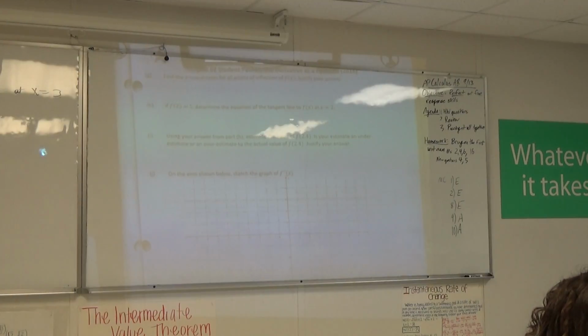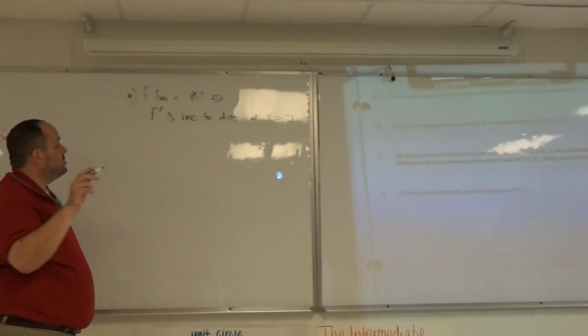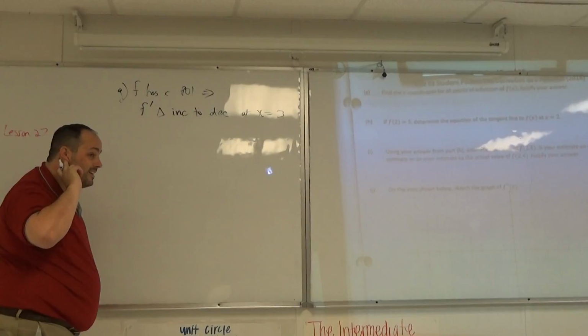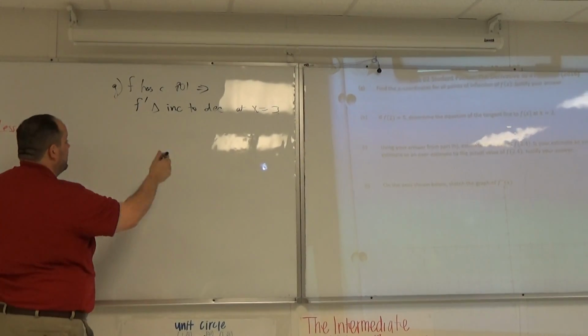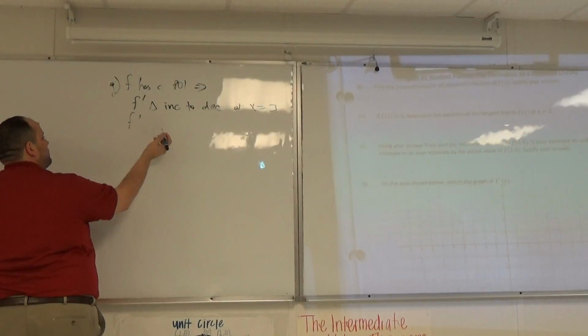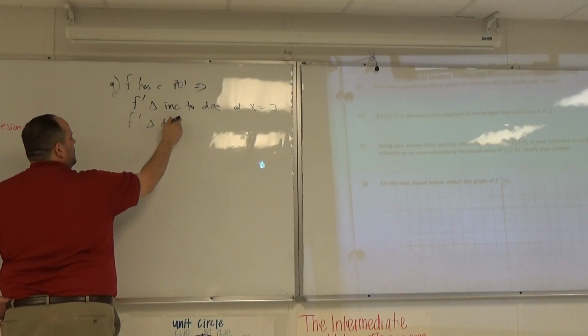Now the mistake is to be like, hey, I'm done. Aaron, why are we not done here? Andrew said f has a POI, f prime changes from increasing to decreasing at x equals 3. And I'm saying we're not done. What's the other thing that you have to check for? What function, be specific? F prime. What's the change here? From decreasing to increasing.